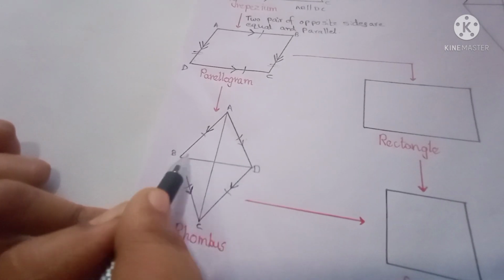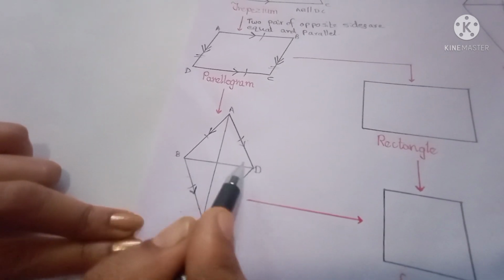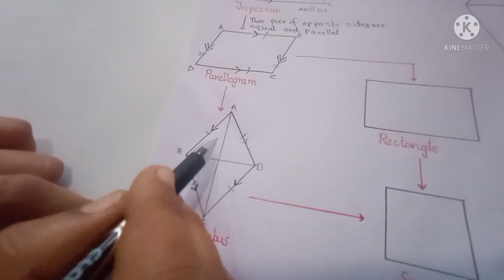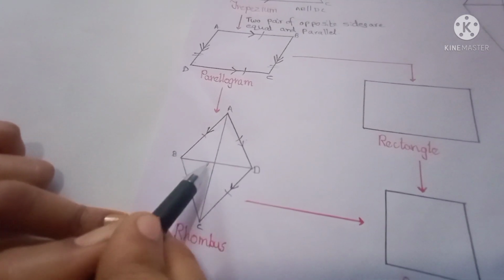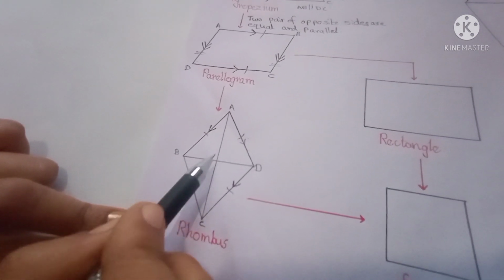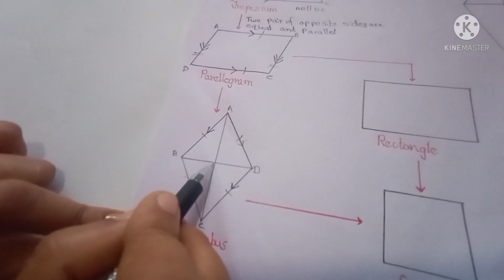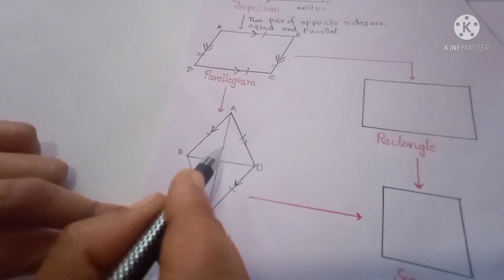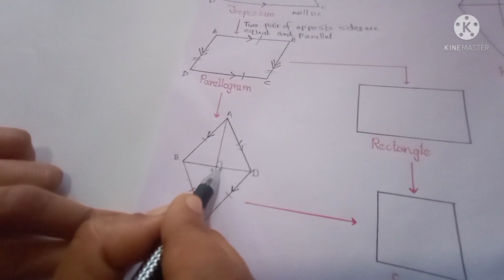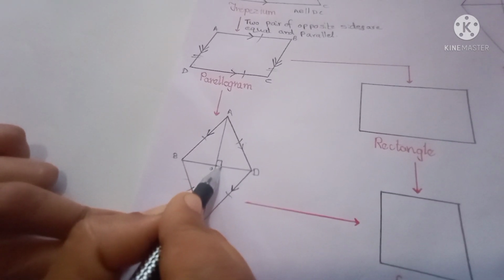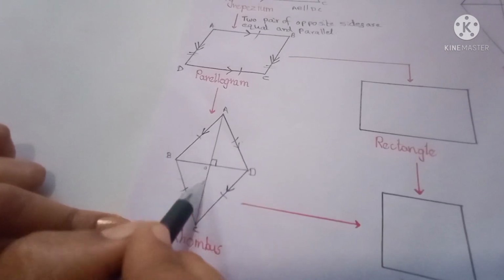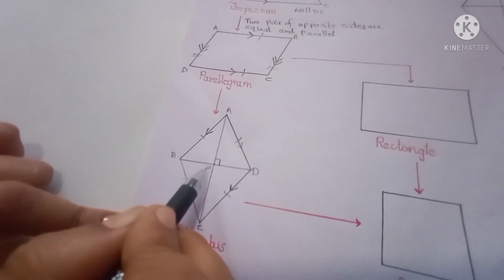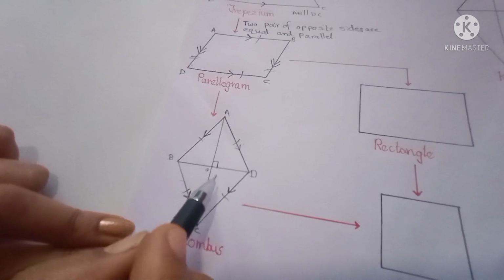This pair of opposite angles are equal, and diagonals bisect at common point O, and this is perpendicular bisects.